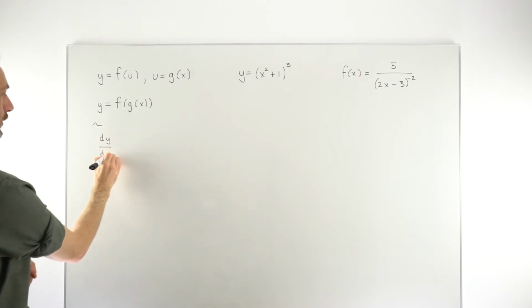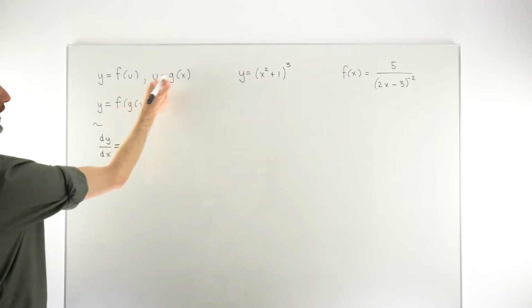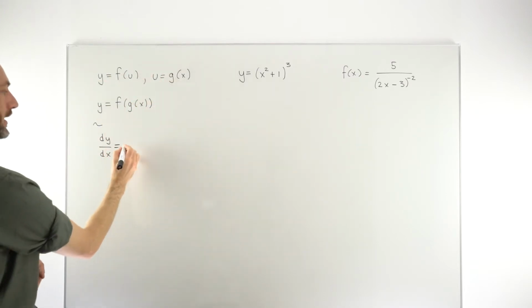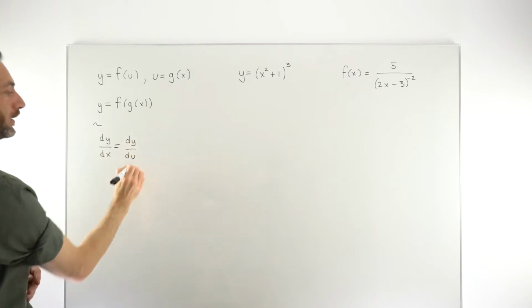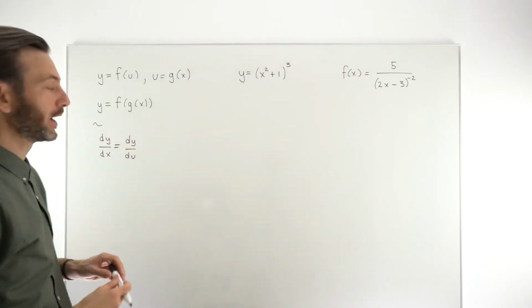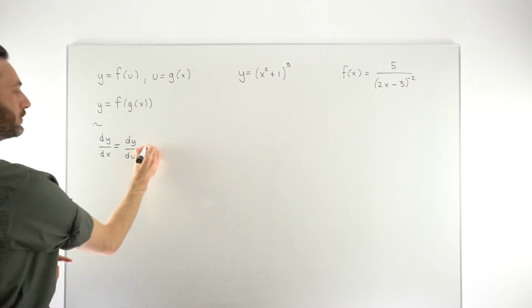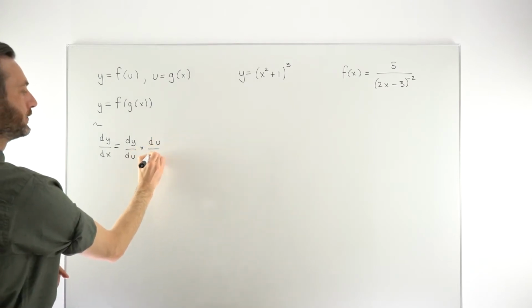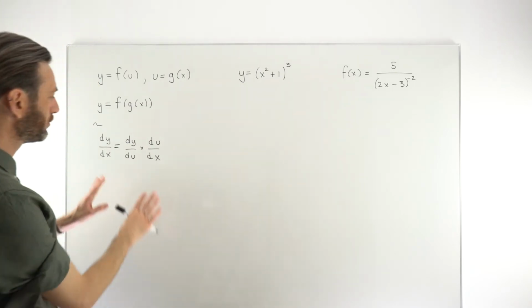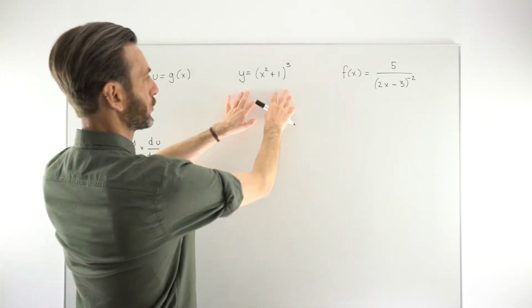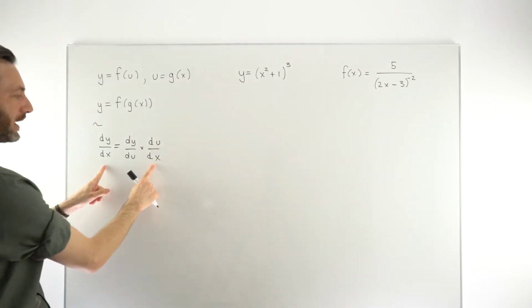the derivative of y with respect to x, in the way that we've conceptualized it here, would be equal to dy du, the derivative of y with respect to u, times du dx. This probably looks a little theoretical at this point, and it'll make more sense once we apply it to an actual example. This is the first format.